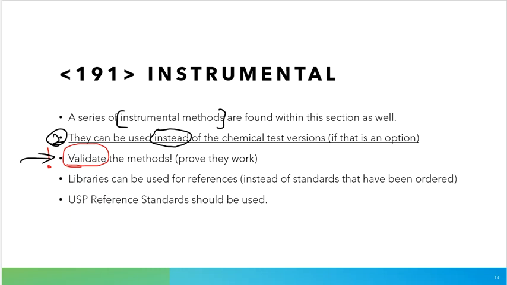Next up, the paragraph is going to talk about these libraries. The libraries can be used for references. So some of the instrumentation, and you will see that when you do some of the tests in our lab, will have a computer library in place. What that means is that the instrument will run something, and the instrument will then compare that signal to a database, and it will kind of play a match game.